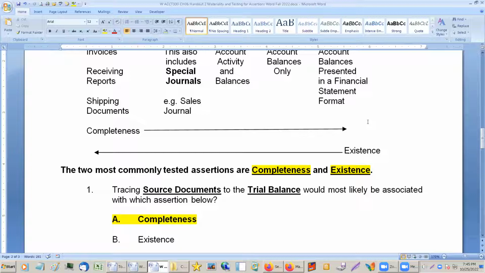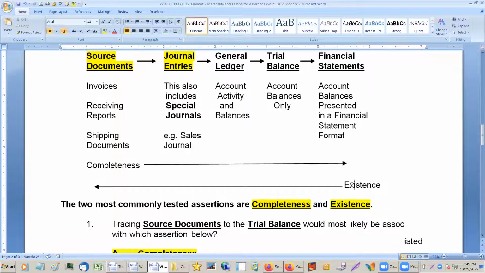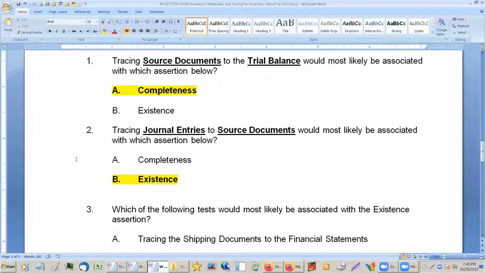My arrows aren't straight there, but you get the idea. So completeness, you go from the source documents all the way up through to the financial statements. Existence, financial statements all the way back through to the source documents. So it's kind of going in the opposite direction.